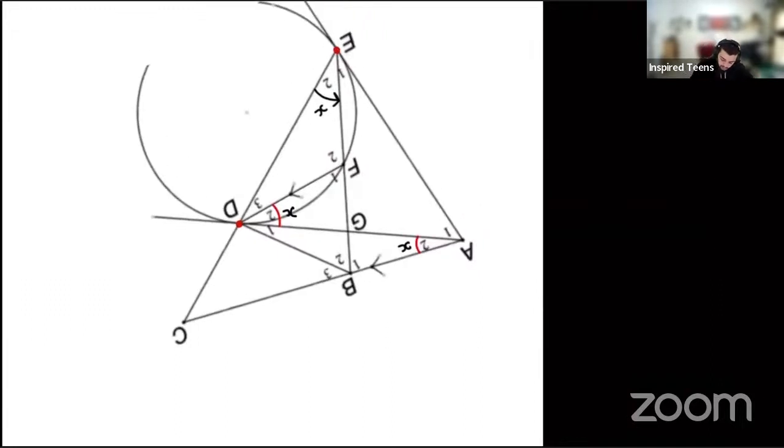Now they want us to prove that this is a tangent at this circle here. Let's pretend that that's a circle. Let's do a different color, a dark color so that it's visible.